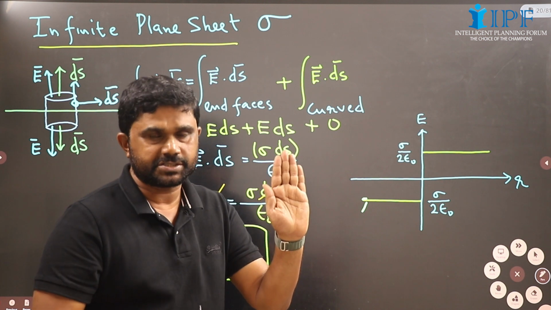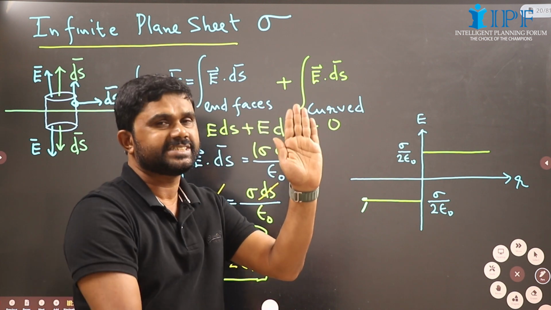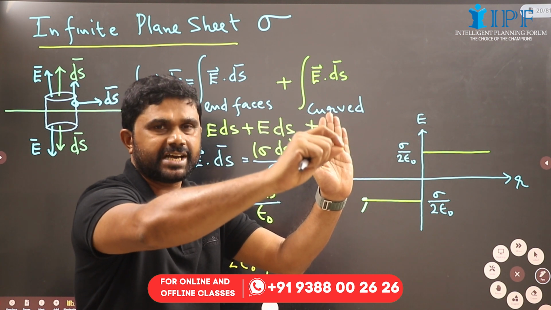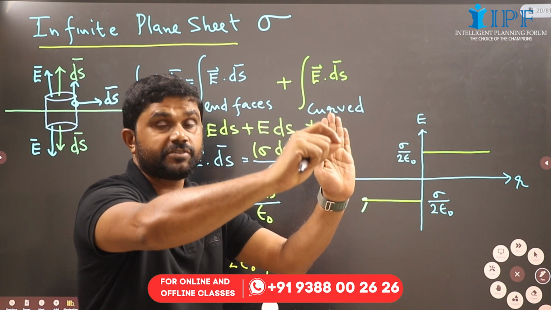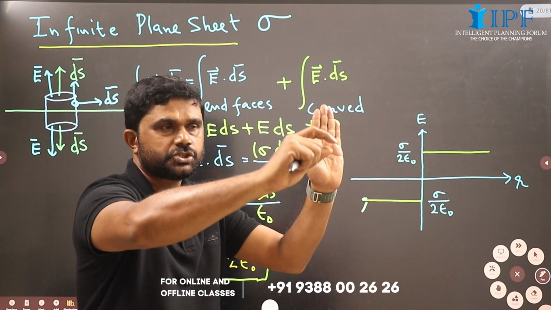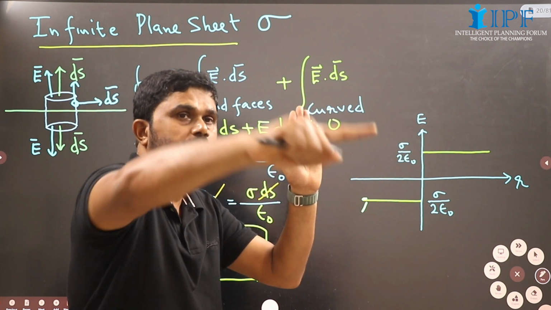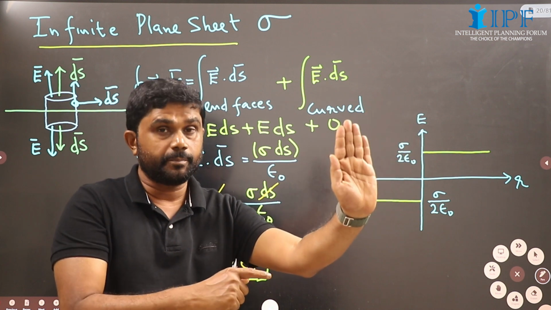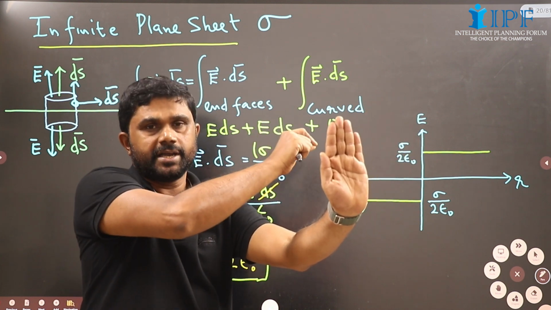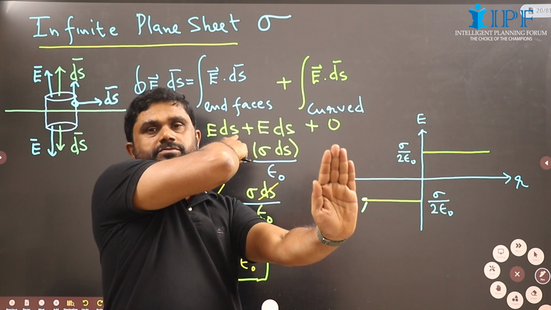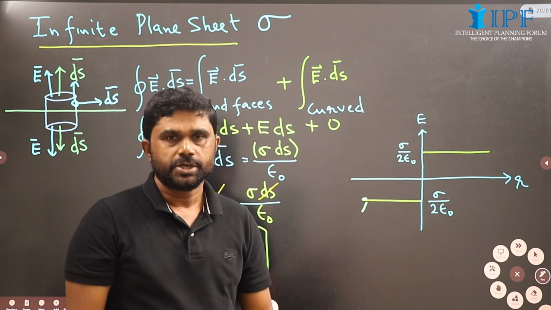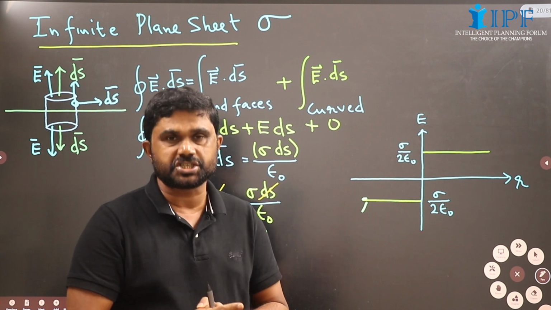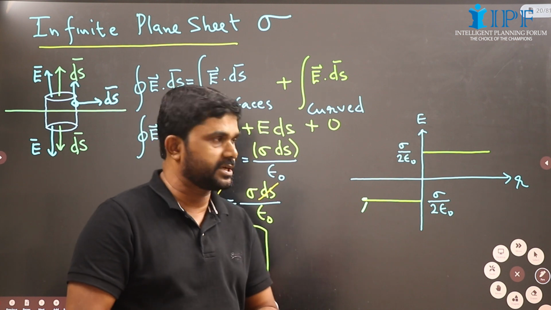But there is a difference. Suppose this is a positively charged plate. If I keep a positive test charge here, it will be repelled by this plate, so it experiences a force like this. Let us take it positive. If I keep the same charge on the other side, it will be repelled the opposite way. So the intensity of electric field on the two sides of the plane sheet will be in opposite directions.